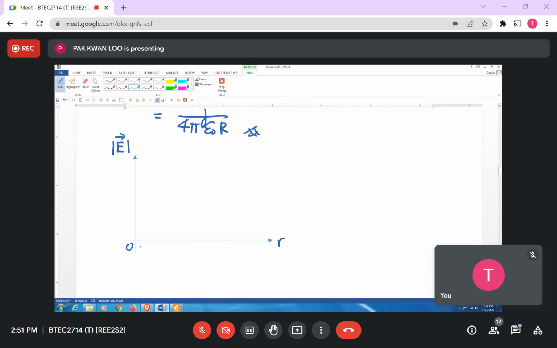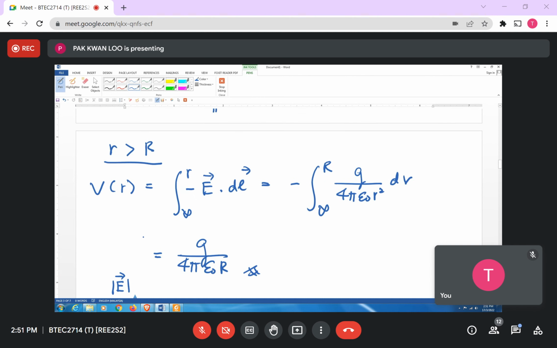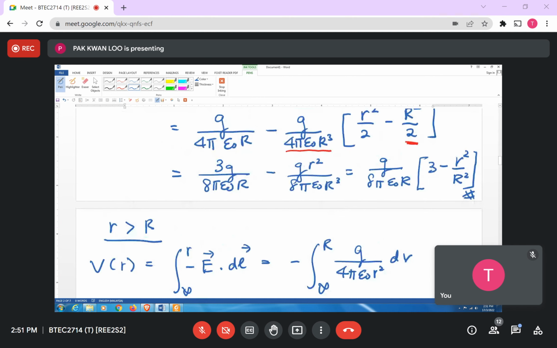So from inside, if we look at this expression, it is going to be somehow like a parabola, right? This is r squared, and this is constant.